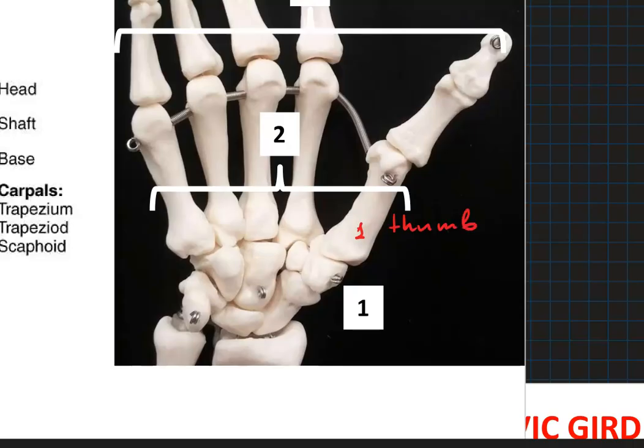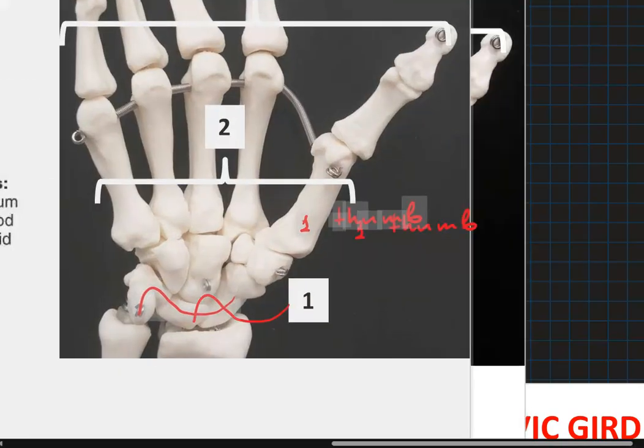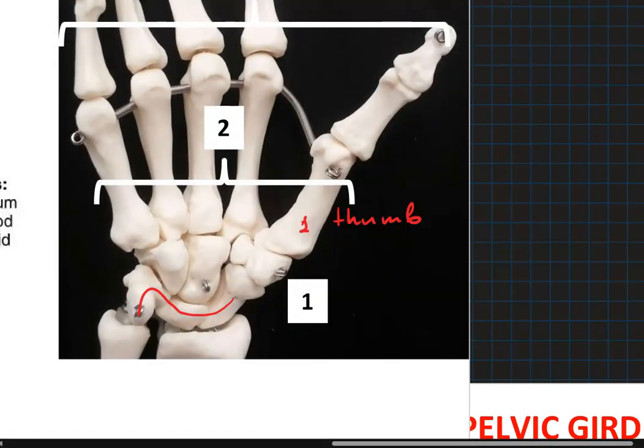Okay? And there are 2 rows of carpals. So this is the proximal row. This is the distal.